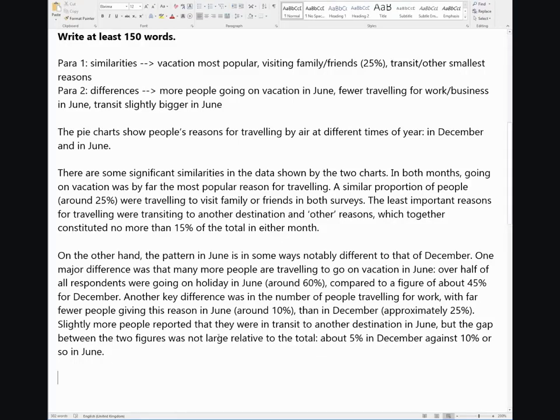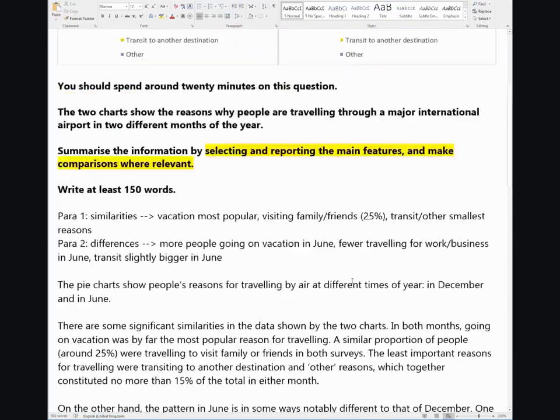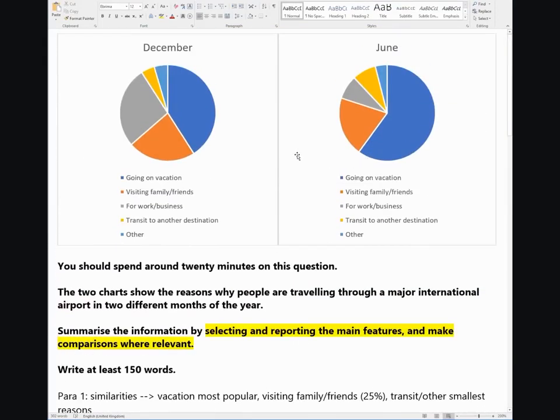The one thing I was thinking about as I was writing was just using a range of language to talk about comparatives and to compare the data between the 2 charts. So in a question like this, you're given 2 moments in time.